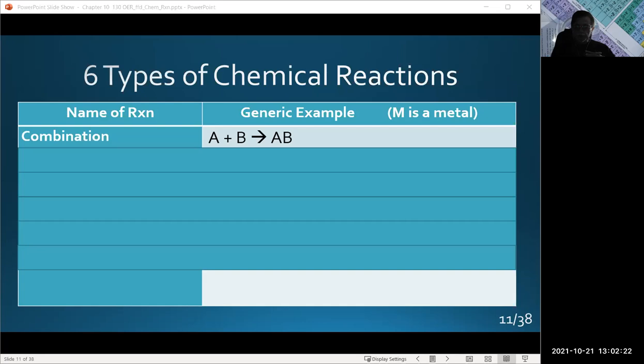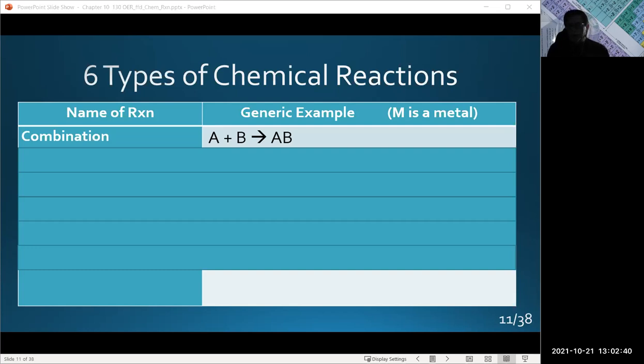So let's go over them. What I've done here is show the 6 types of chemical reactions in general terms, to give you a perspective of what to look for when you look at a reaction and to see what is happening.